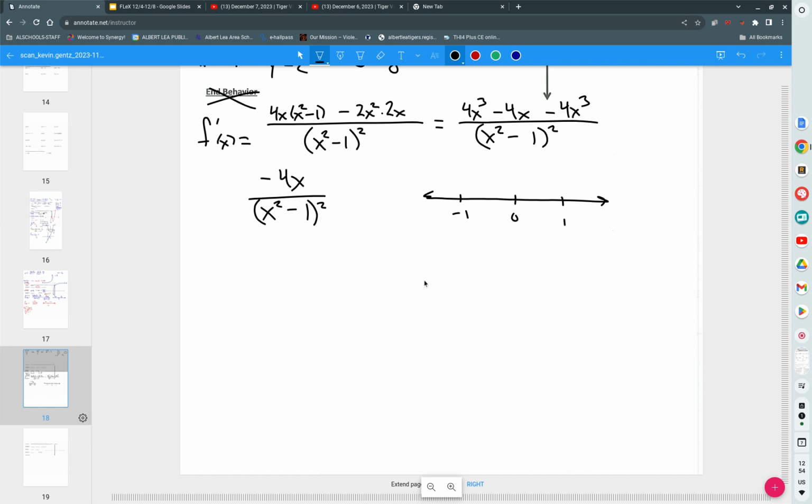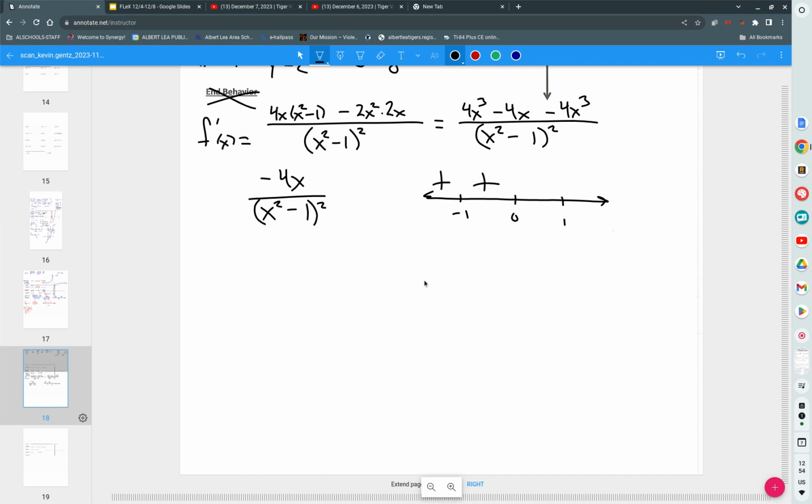So as I plug in negative 2, negative 4 times negative 2 is positive 8. And we know the bottom is always positive. So you get a positive value here. And as you plug in negative 1/2, you're going to end up with a positive.